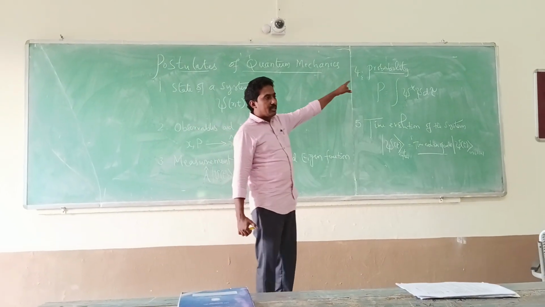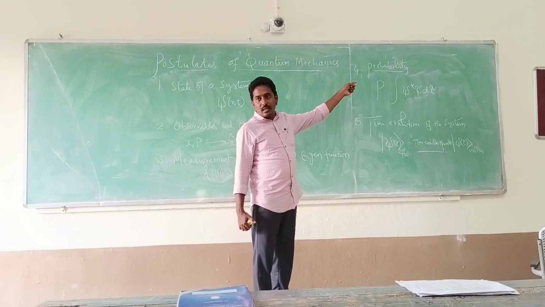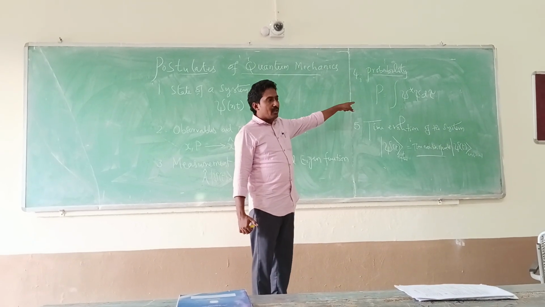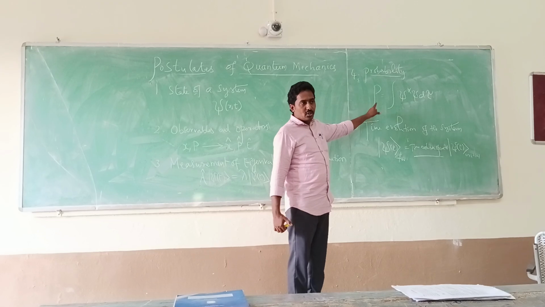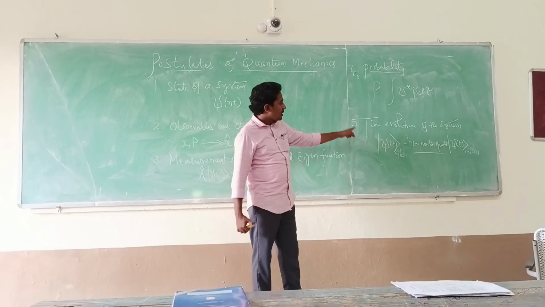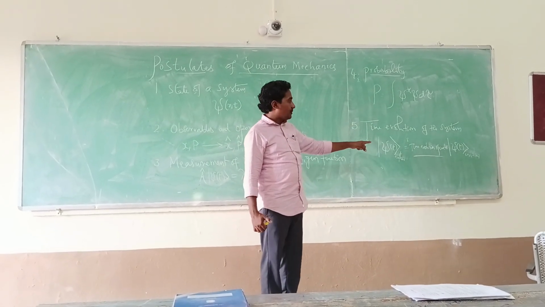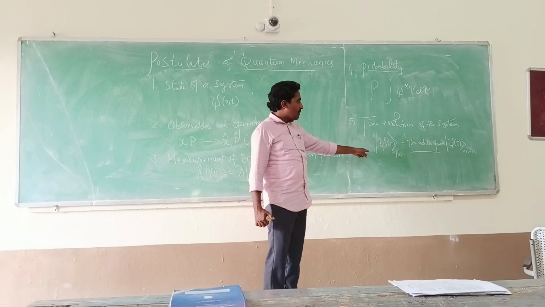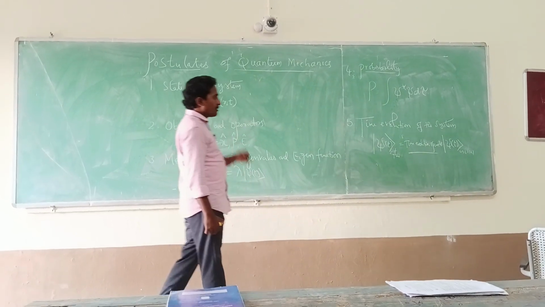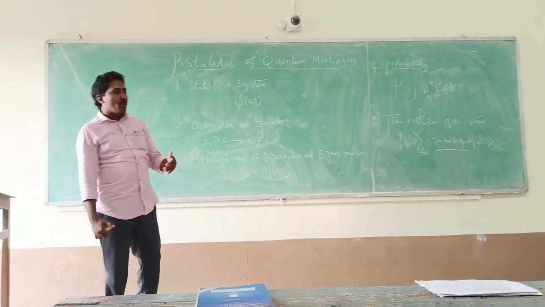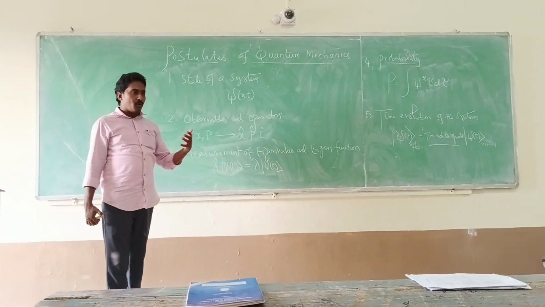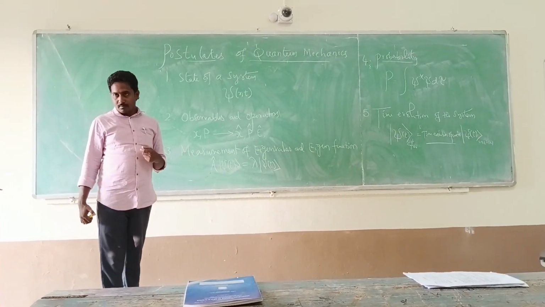Then find the probability, because our aim is to find the state of a particle within the volume element dτ, expressed as P equals the integral of ψ star ψ dτ. Fifth, at any later time t, the quantum state is described by ψ of t equals the time evolution operator acting on the initial state vector. These are the postulates in quantum mechanics.